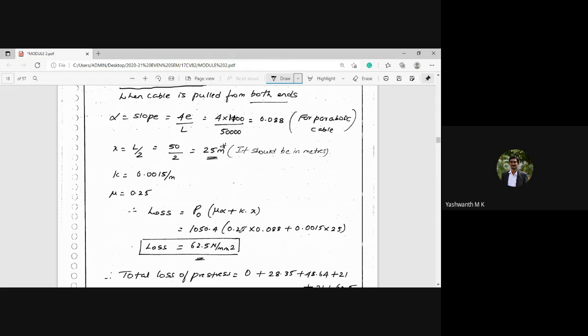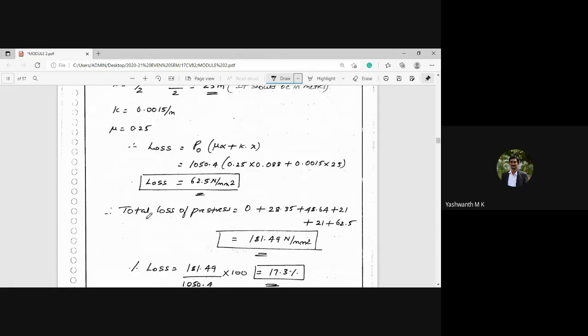Mu is a dimensionless parameter, multiplied by alpha, which is also unitless, 0.088, plus K, which is per meter because in the problem it has been given in meter. Hence you need to calculate X also in meter. So please be careful. 0.0015 into 25. So you will get 62.5 Newton per millimeter square.